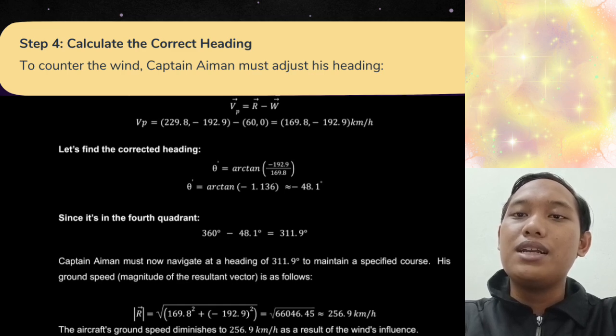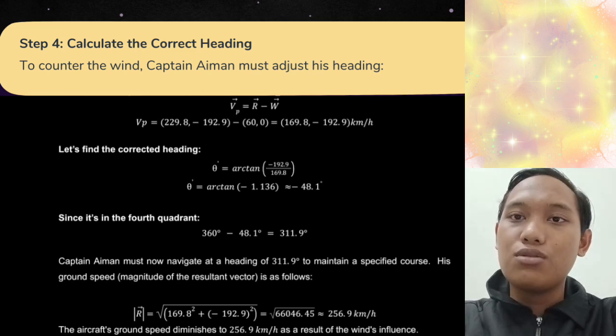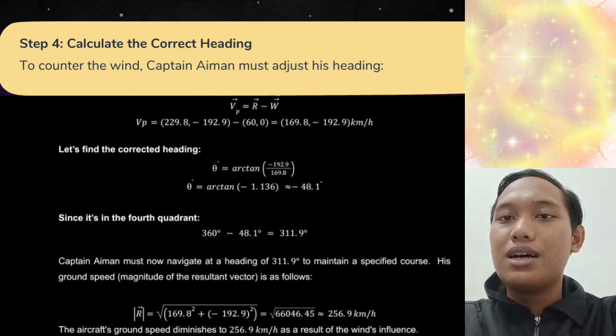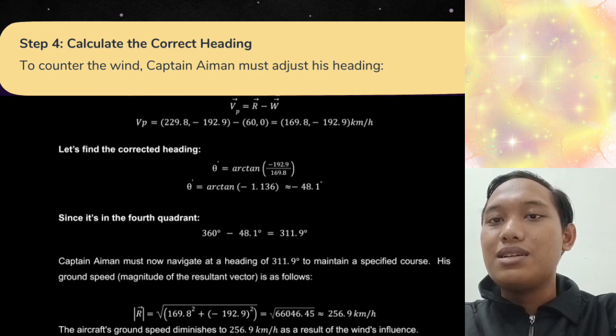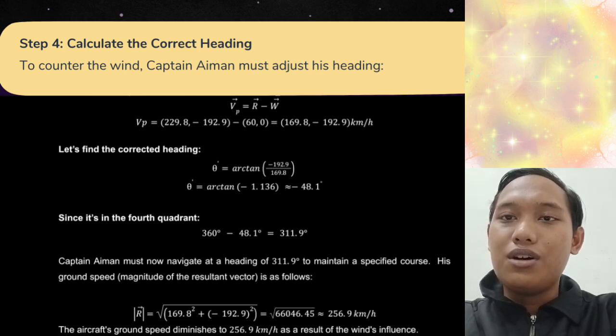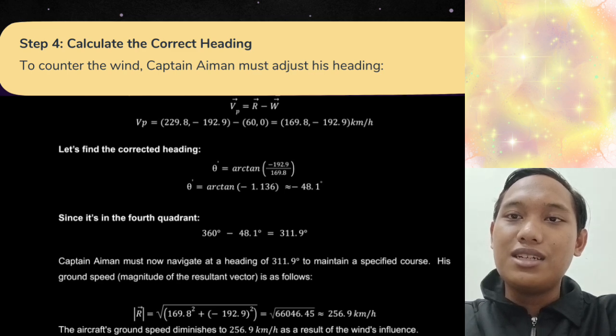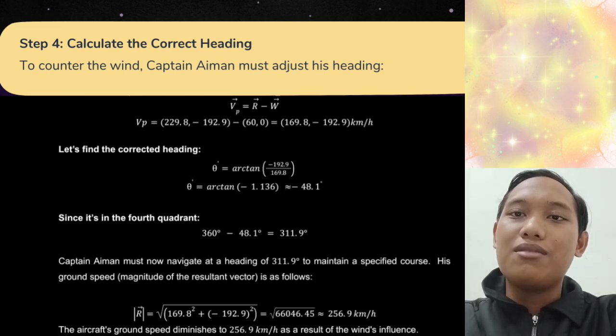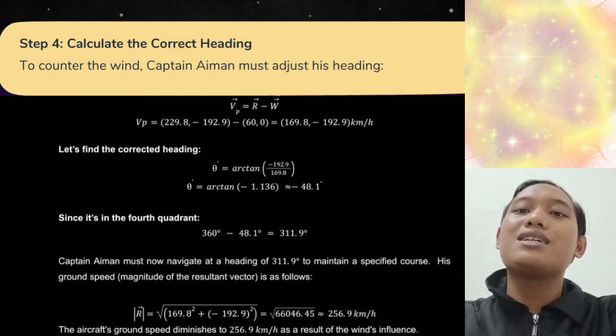His ground speed, the magnitude of the resultant vector, is as follows. R modulus equals the square root of 169.8 squared plus negative 192.9 squared, and we got 66046.445, and we solve it and we got 259.9 km per hour.